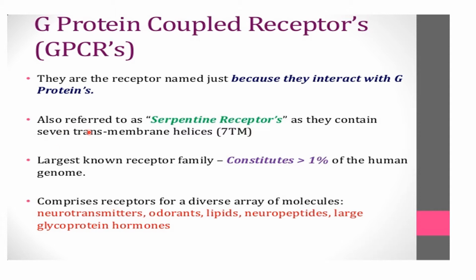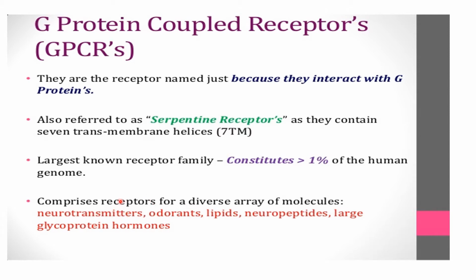They are also referred to as serpentine receptors as they contain 7 transmembrane helices. They are the largest known receptor family, which constitutes almost more than 1% of the human genome. GPCRs comprise the receptors for a diverse array of molecules like neurotransmitters.